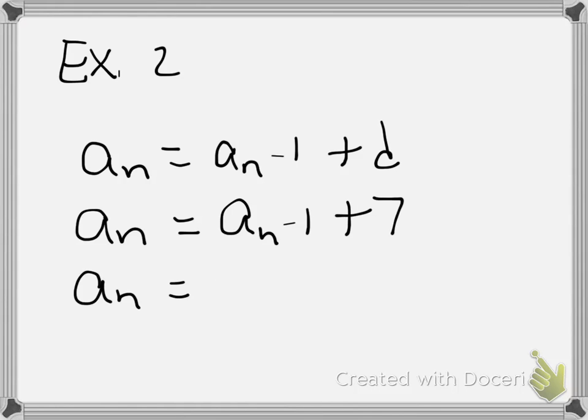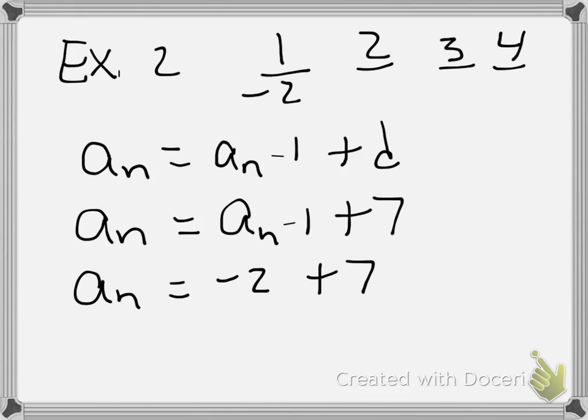Our first term was -2 plus 7. So that means our second term, we need to find the first 4 terms. So we know our first term is -2, and we need to find our second, third and fourth terms. Well, we take our a sub n here, and we're actually looking for our second term.